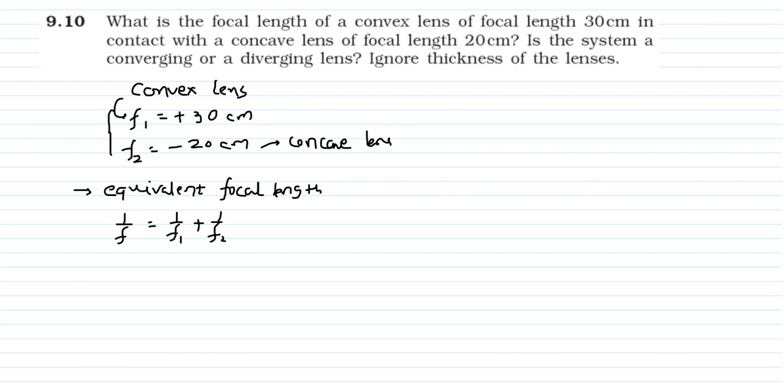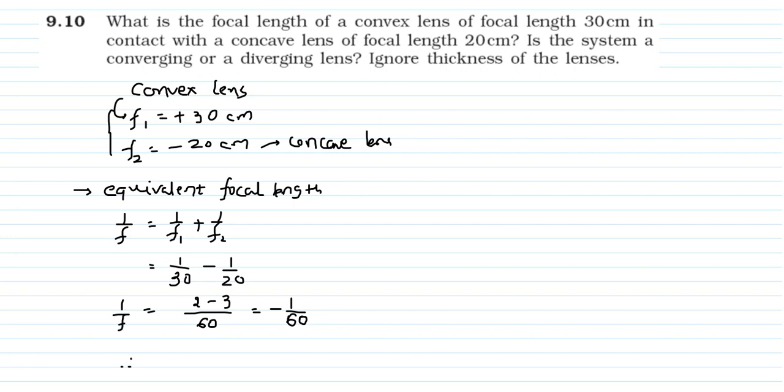That is, here we can say 1 upon 30 minus 1 upon 20. So you can say 60 is the LCM. So here 2 minus 3, that is minus 1 by 60, is 1 upon f.